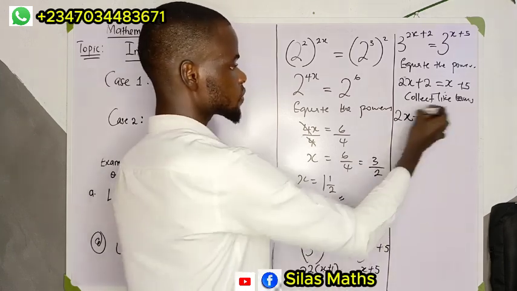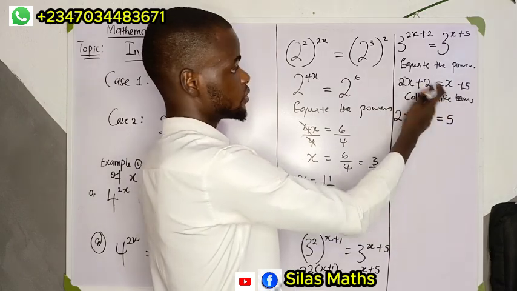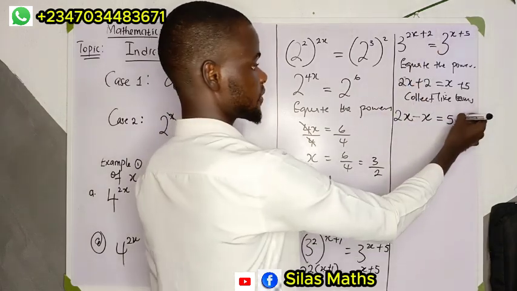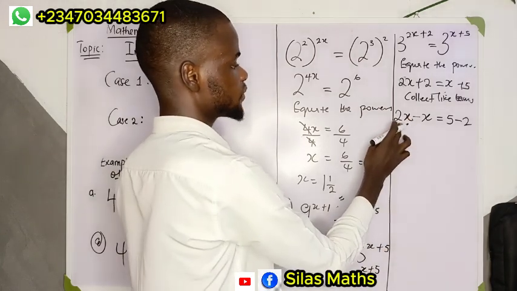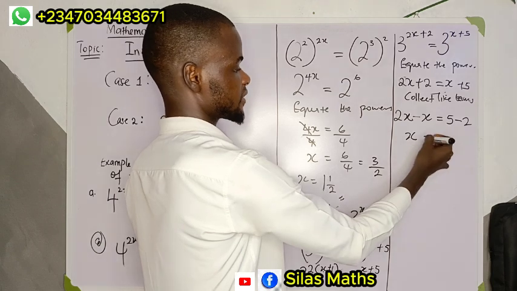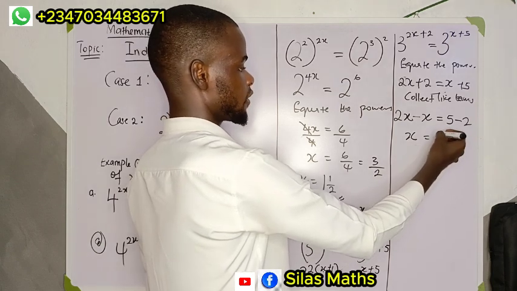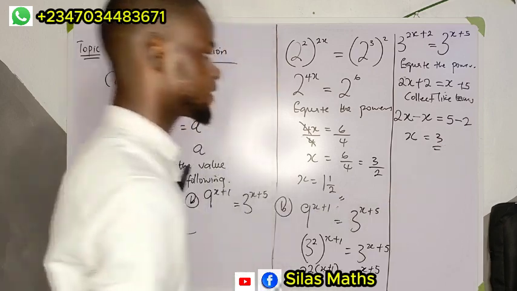So negative x equal to 5. Then this 2 is positive 2. When it crosses over to the other side also, it becomes negative 2. All right, so we go ahead and simplify. 2x minus x will give me x, while 5 minus 2 will give me 3. So that is the value of x. So this is our answer.